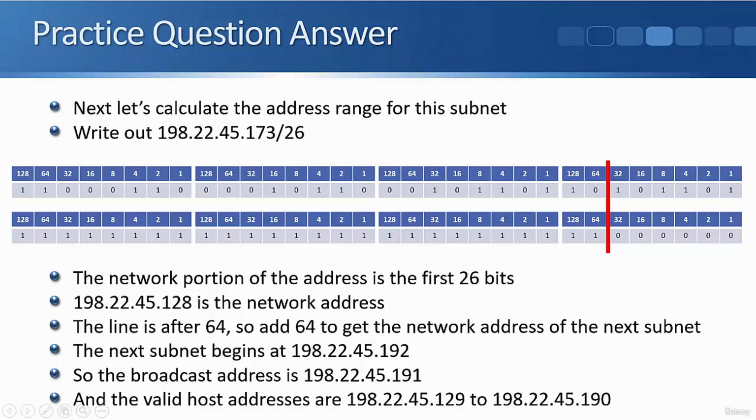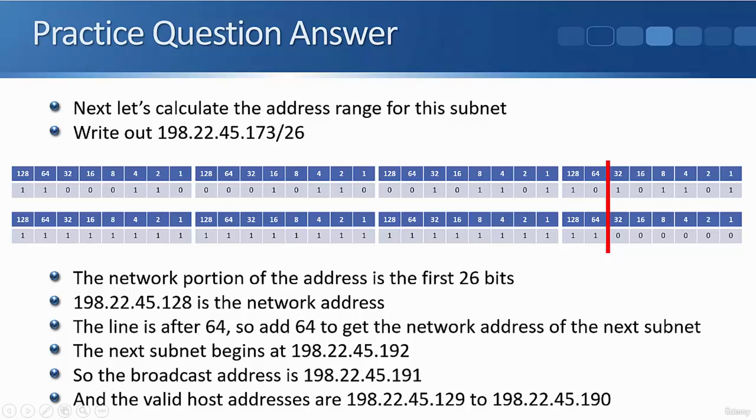Okay, so I know this is in the network 198.22.45.128. I then add on 64. I know to add on 64 because that's where the line is. And the next network address would be 192. So if the next network address is 192, it must mean that the broadcast address for this subnet is one less than that.